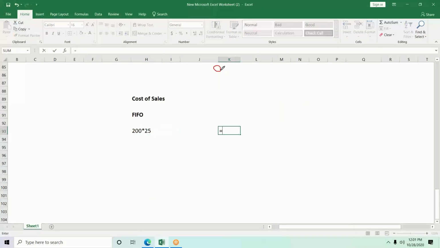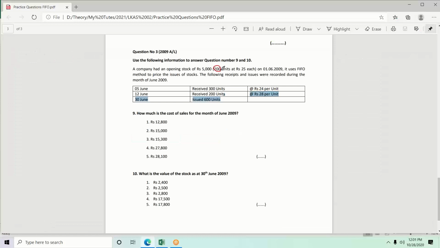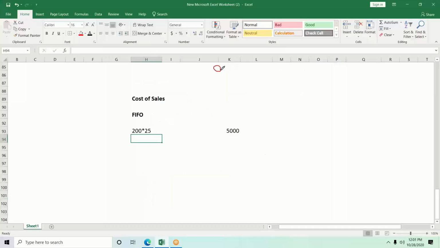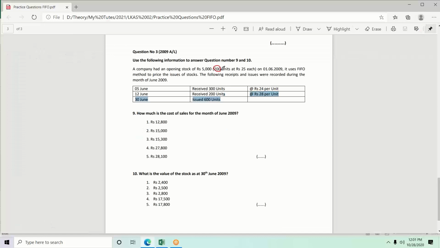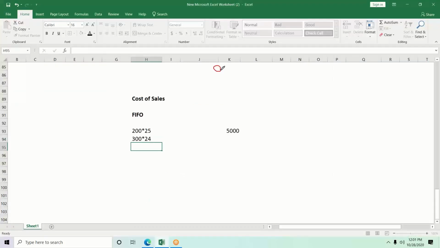So 200 into 25, which is 5,000. Another 400 more units you need to issue. When you are issuing that 400 units, there are 300 units that you purchased next. You issue that 300 at 24. 300 into 24 is 7,200.